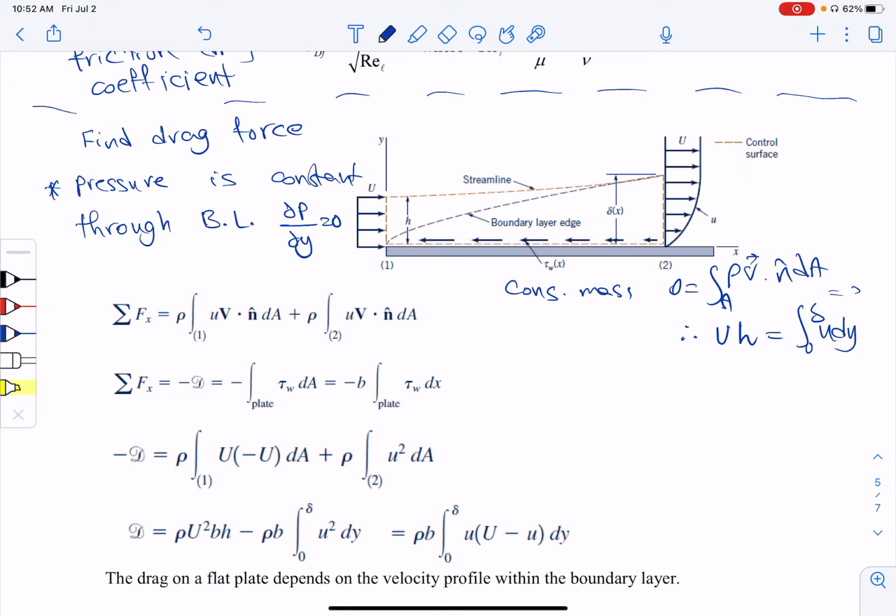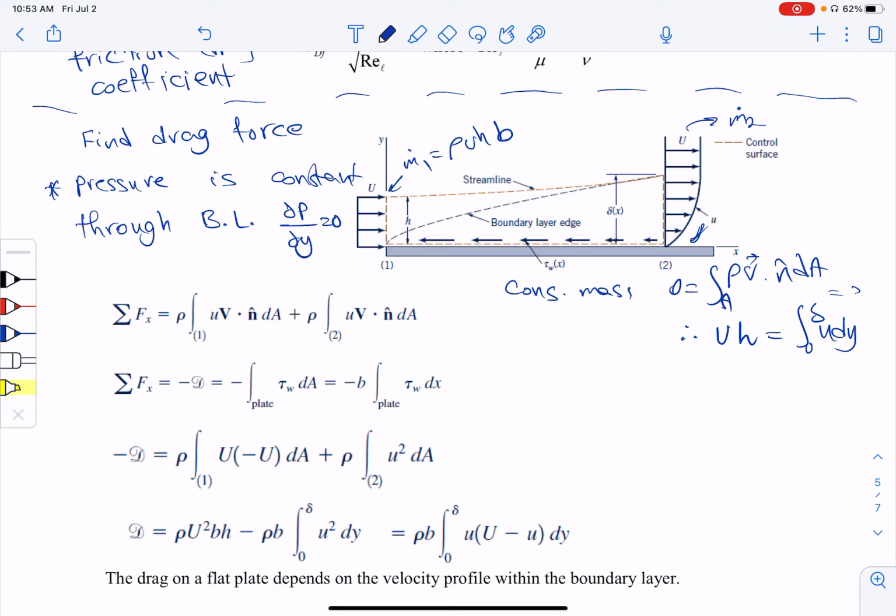And if this is the control volume, this is m dot 1. The m dot 1 is rho u A, and A is h times b, where b is the depth to the surface. And then right here we also have m dot 2.